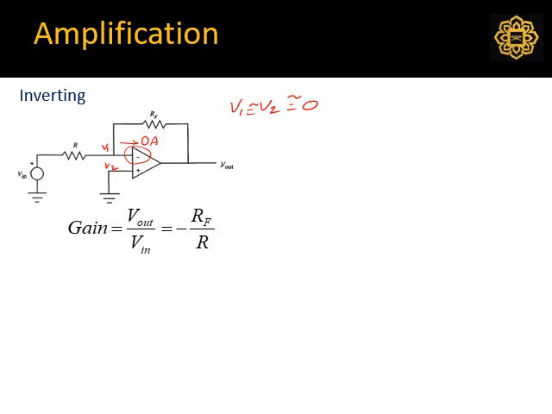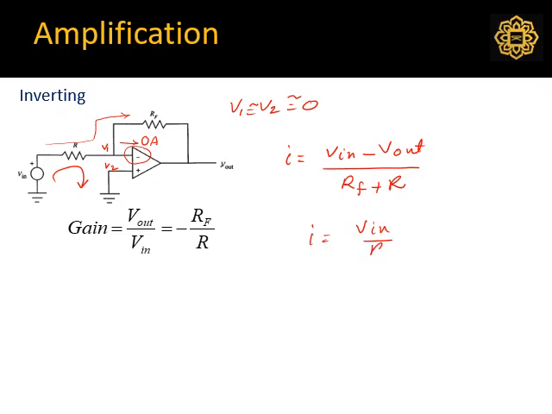The current flows in this direction, so the current through this is equal to V in minus V out divided by RF plus R. You can also think the same current is flowing in this loop because this is virtually grounded. So I also equals V in over R.